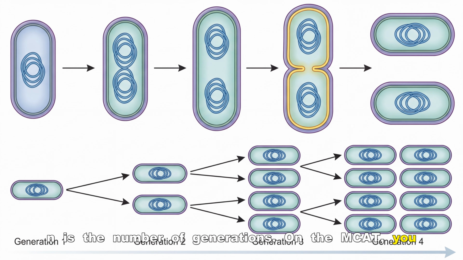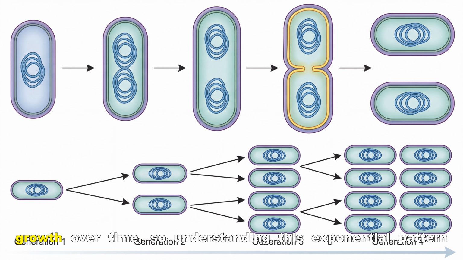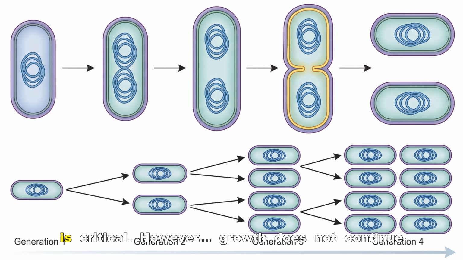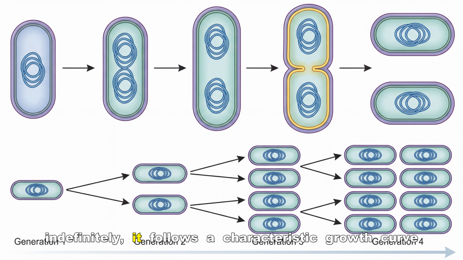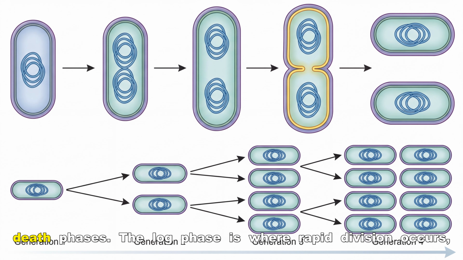On the MCAT, you may encounter questions that require you to calculate bacterial population growth over time, so understanding this exponential pattern is critical. However, growth does not continue indefinitely. It follows a characteristic growth curve, with lag, log, stationary, and death phases.